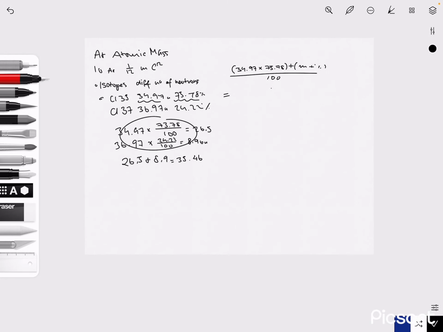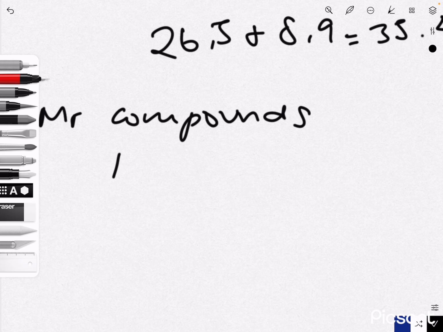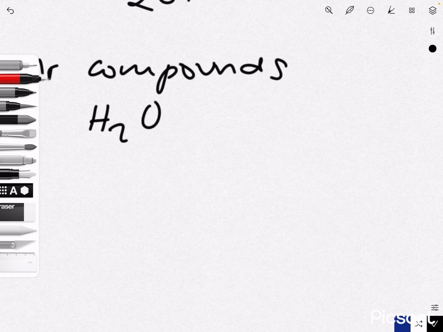Now, Mr is a similar concept to Ar, except that it applies to compounds. In terms of the calculations, it's quite similar. If you were to find the Mr of, say, H2O, what we have to do is add up the Ars of each element within this compound.